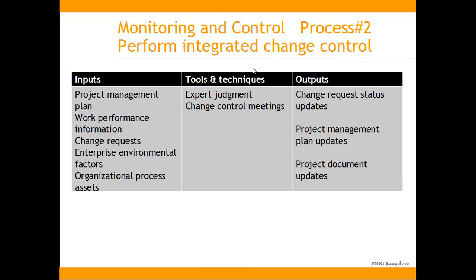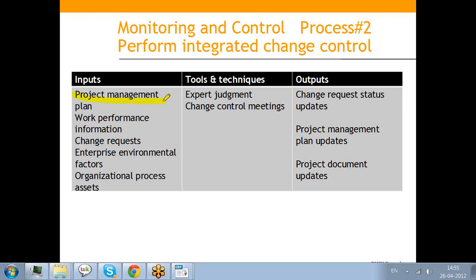Then the second process under monitoring and controlling is perform integrated change control. So again, here the inputs are project management plan, work performance information, change request, enterprise environmental factors, and organizational process assets. And the tools and techniques are expert judgment and change control meetings.